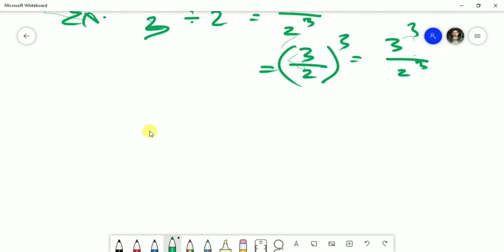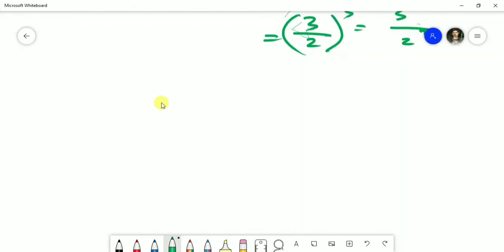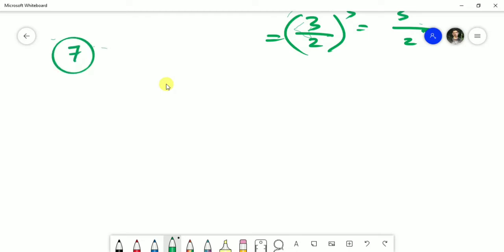The next one, this will be number 7, the reciprocal one. Whenever a negative sign is there, remember we can do it like this, we can send it downside.